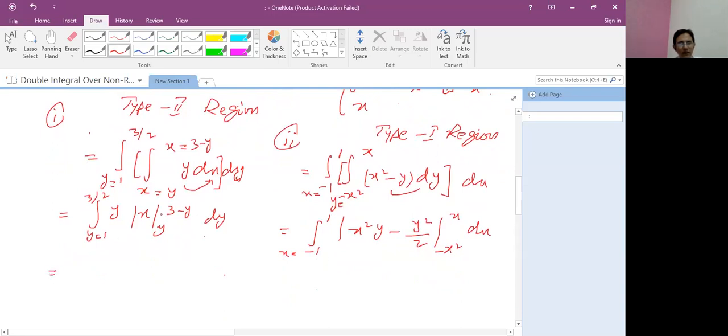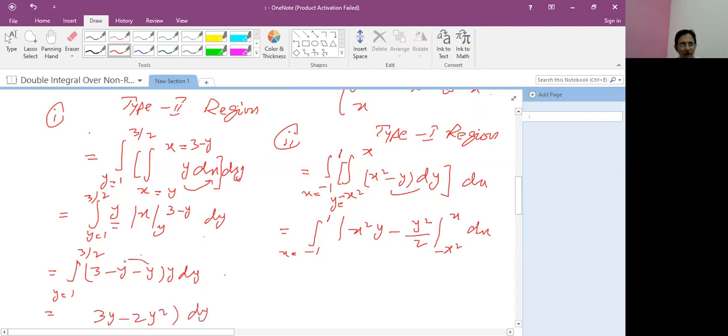So applying the limit, 3 minus y minus y, multiplying by y into dy, limit from 1 to 3 by 2 of y. So if we add, 3 minus 2y and multiplying by y, it means 3y minus 2 times y square into dy.